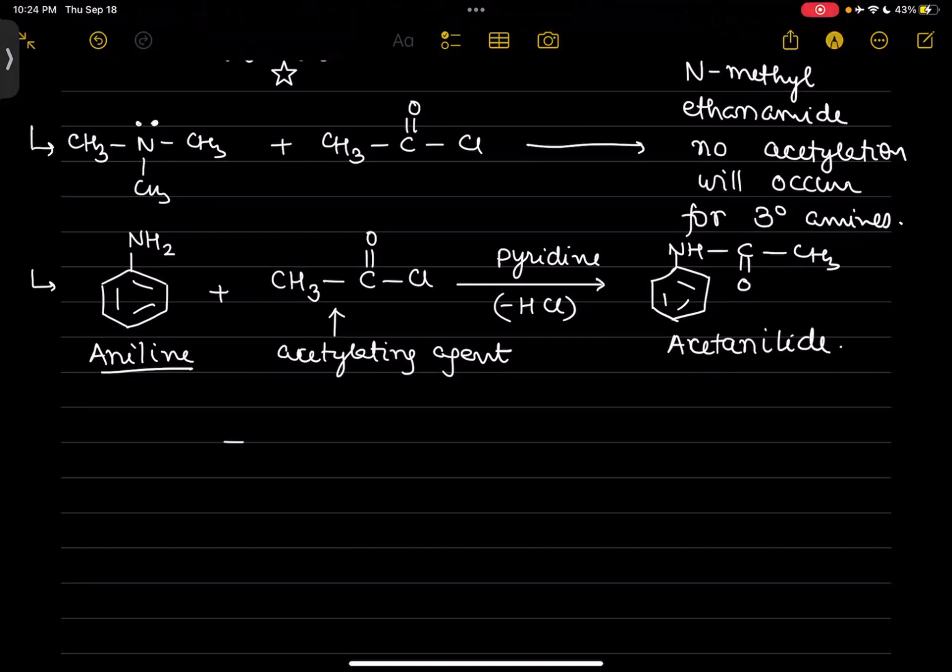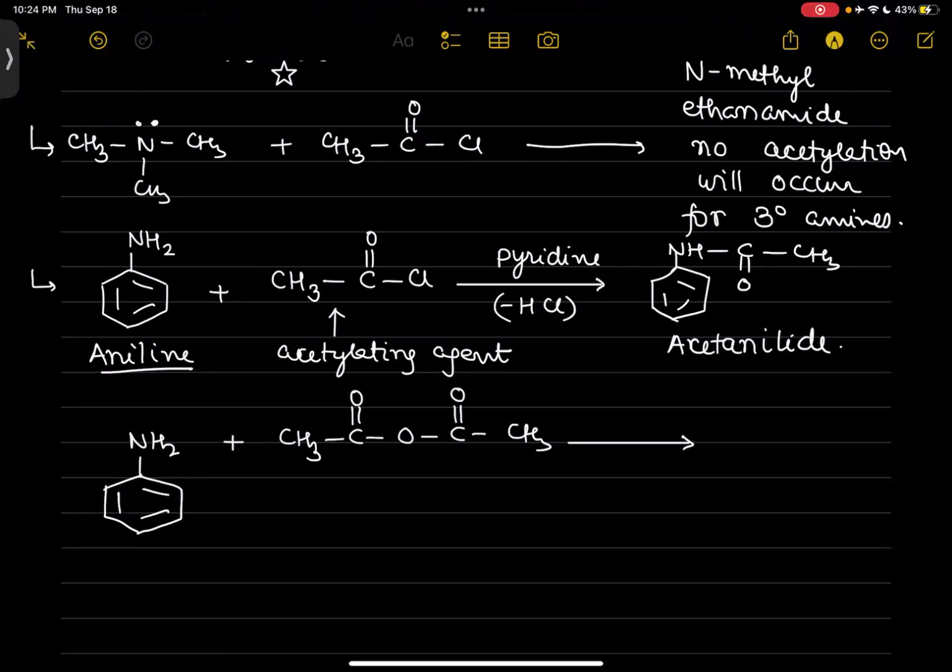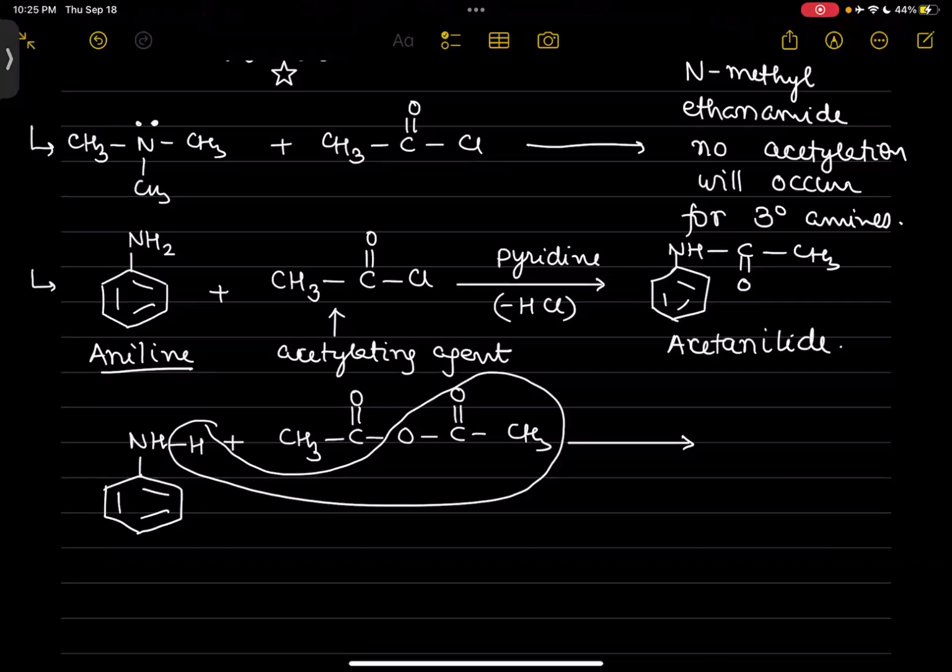Suppose, what could be the other acetylating agent? There you removed HCl, and here you are going to remove acetic acid.